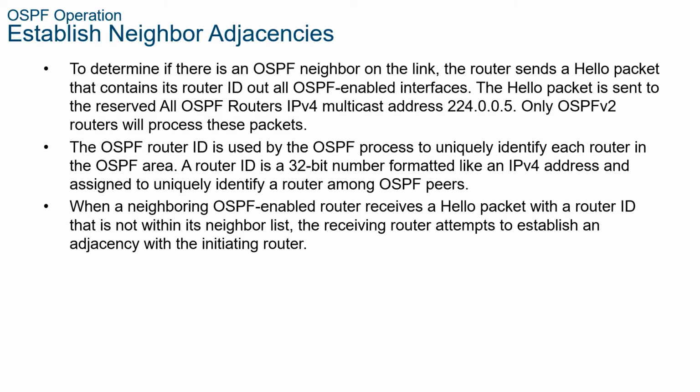So how about establishing neighbor adjacencies? When OSPF is enabled on an interface, the router must determine if there is another OSPF neighbor on the link. To accomplish this, the router sends a hello packet that contains its router ID out all OSPF enabled interfaces.